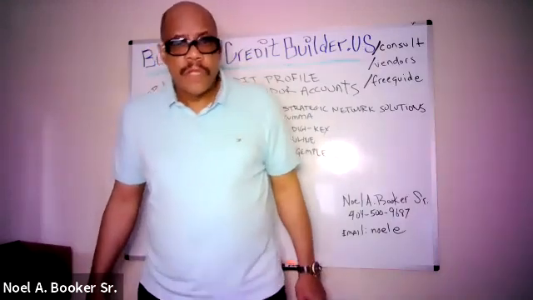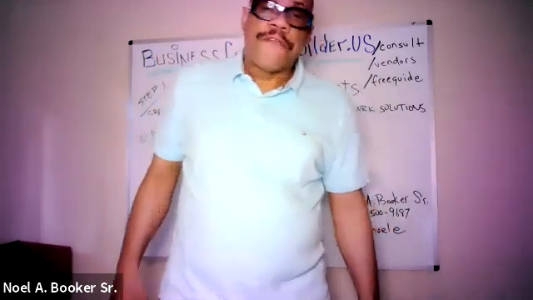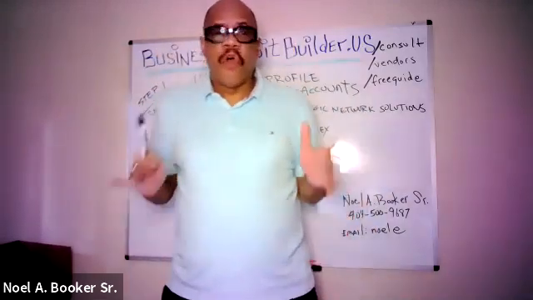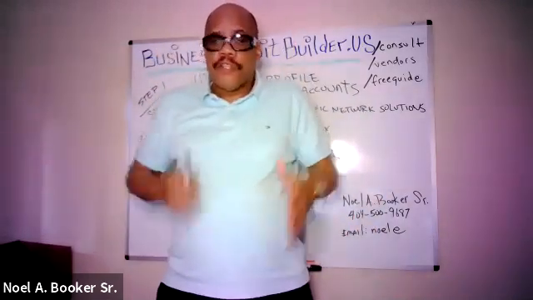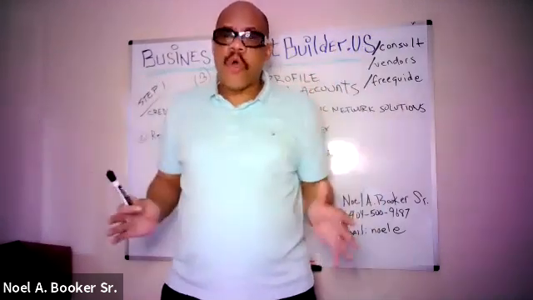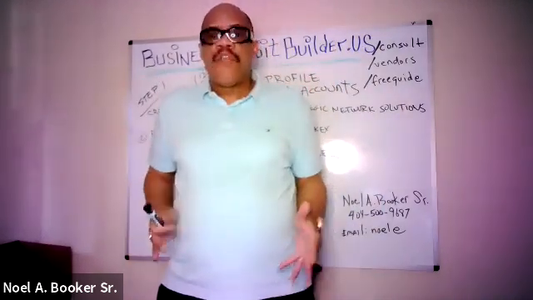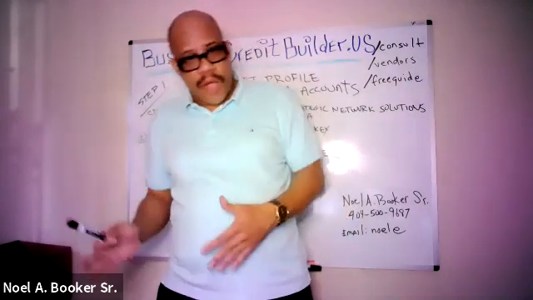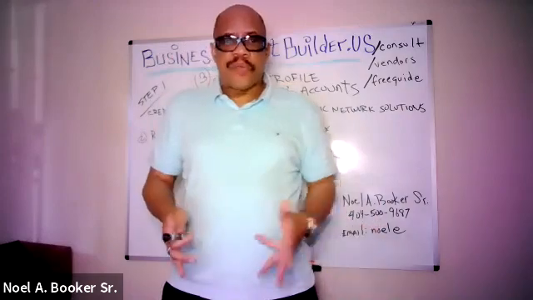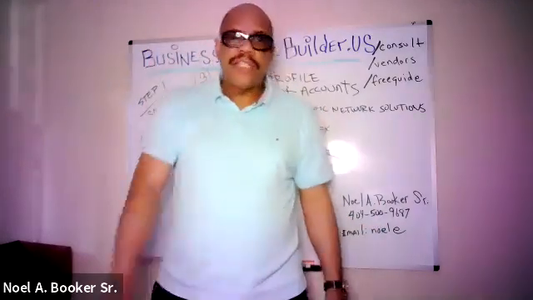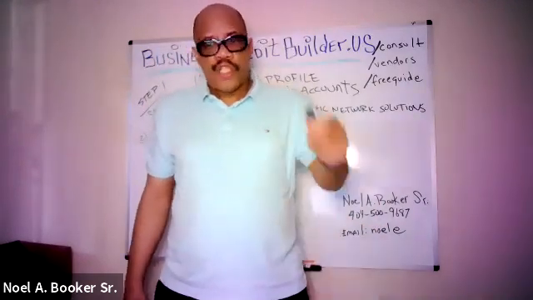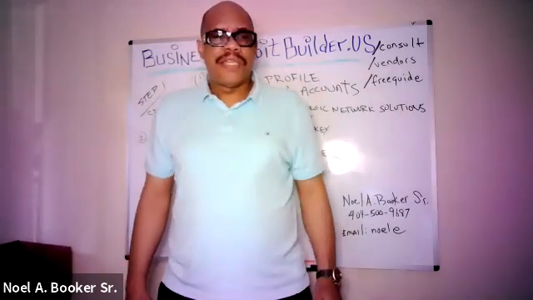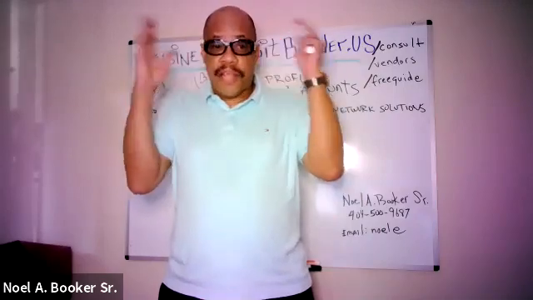So the first vendor, every time I start a business or I have a client, the first vendor that I'm going to is Strategic Network Solutions. The reason why is because Strategic Network Solutions will give you $1,000 credit just because you got an EIN number and your business telephone number is listed. $1,000.